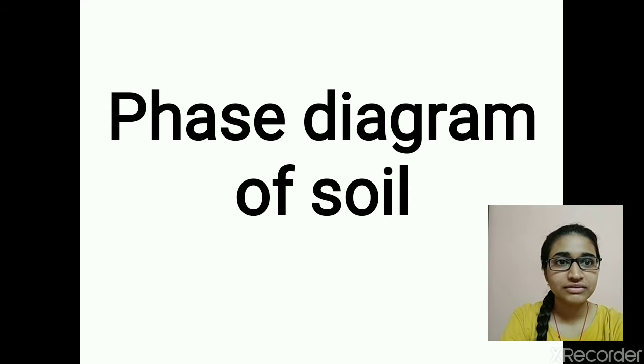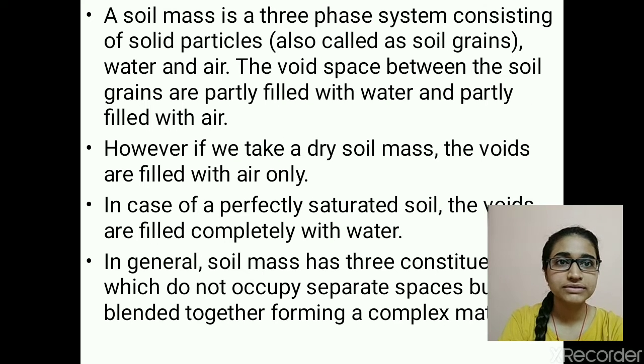Today we are going to discuss a few concepts. One of them is the phase diagram of the soil. Generally, the soil mass is a three-phase system that consists of solid particles, which we also call soil grains, and in between these solid particles there are spaces, which we call voids or pore spaces.